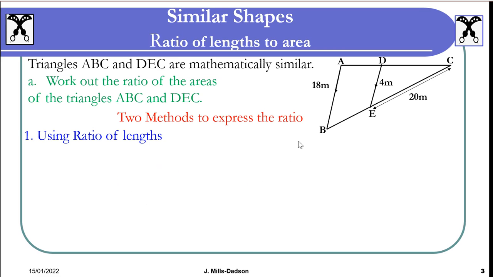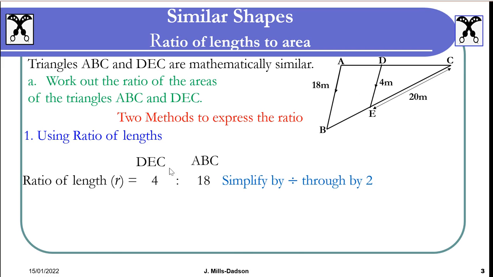Using ratio of lengths, so check what is corresponding. I have ratio of lengths that's corresponding. So it's 4:18. And I can simplify this by dividing through by 2. So this is what I have for my ratio of length.